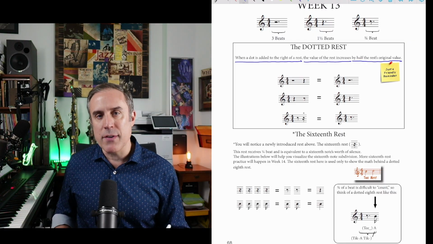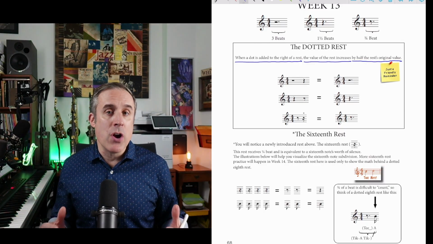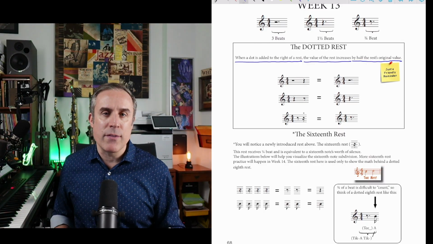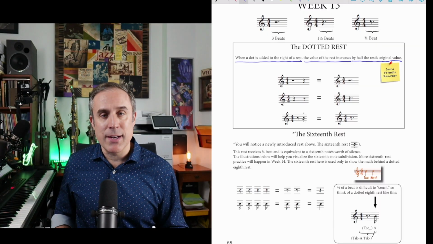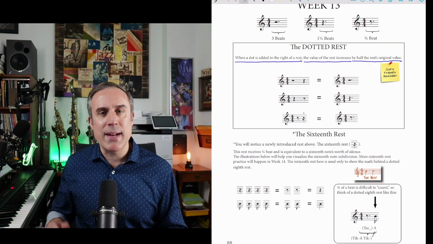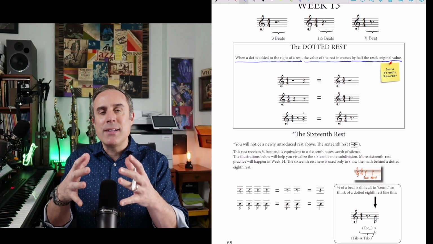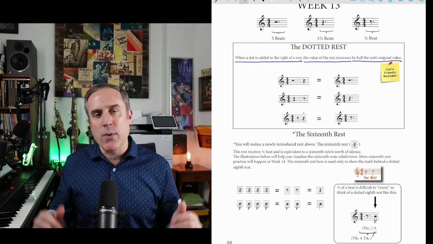So the definition of a dot or an augmentation dot when it's placed to the right-hand side of a note head or the right-hand side of a rest doesn't change. The difference is this, and it's pretty logical and self-explanatory. When a dot's placed to the right-hand side of a note head, it extends the value of the tone production, of the sound, of the value of the note.